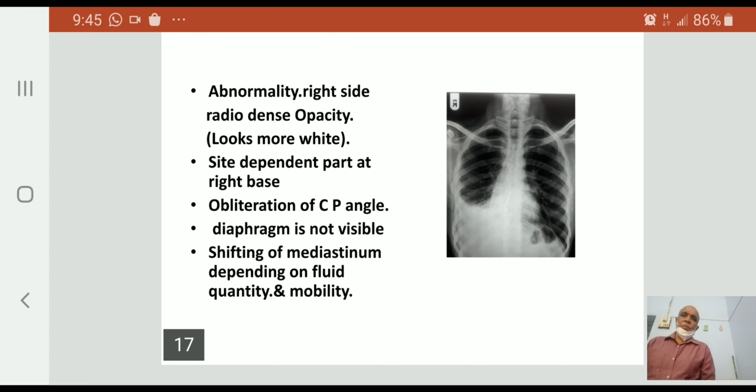But sometimes, with moderate or massive effusion, the mediastinum shifts to the same side or there is no shifting. It may occur in the case of CA bronchus.